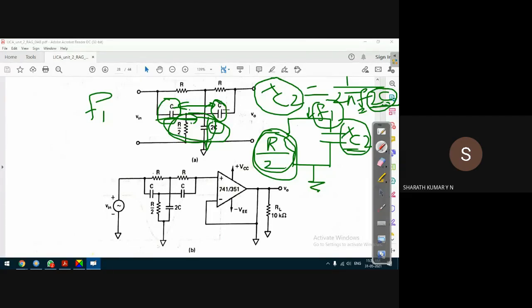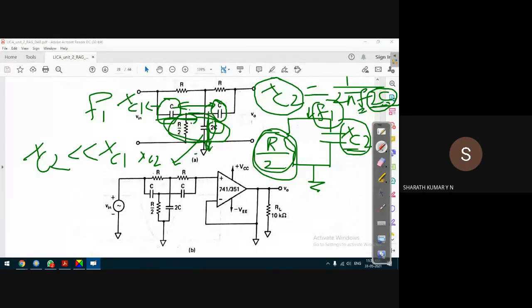For example, if you take the impedance of these two capacitors as XC1 and the impedance of this capacitor as XC2, then we can observe that XC2 is much smaller than XC1. Why? Because capacitance is larger. That means at a particular frequency, this acts as a short circuit, and that short circuit means the signal is shorted to ground.